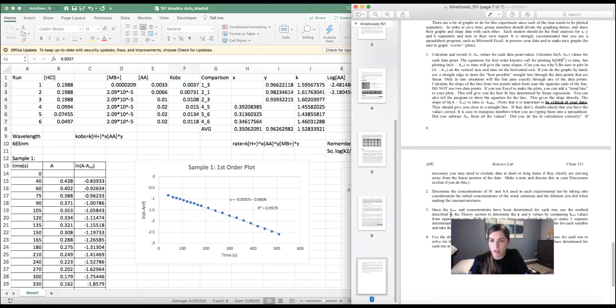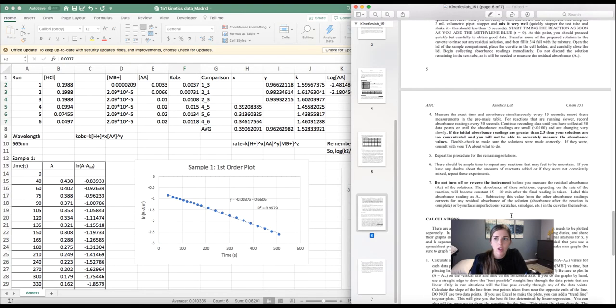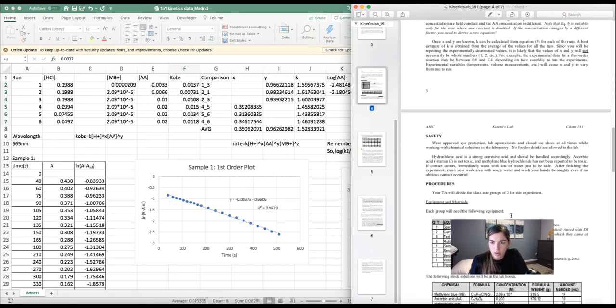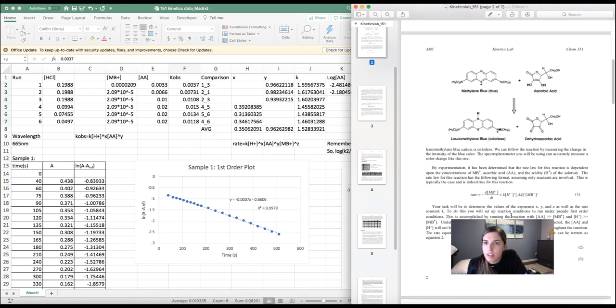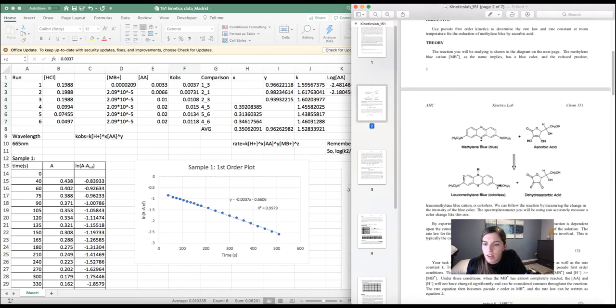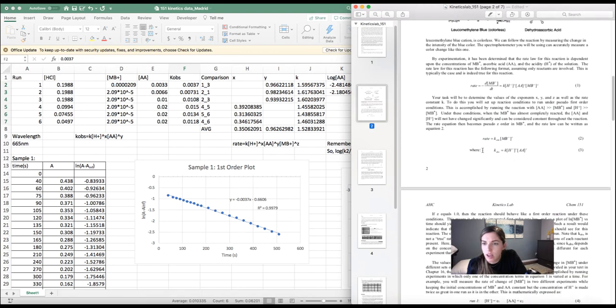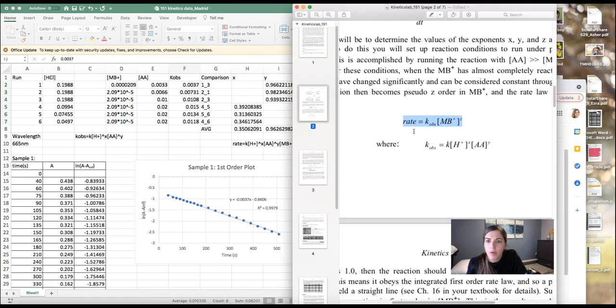It says use the method described in the theory section to determine the X and Y values by comparing K observed values from appropriate runs. So let's first look at the theory section, and then I'll explain how this relates to what we've gone over in class. So theory starts right here, and then if you scroll down, you can see that rate is equal to, and I'll make this a little bit bigger, the rate is equal to K observed, which is the observed rate constant, times the concentration of methylene blue to the power of Z. That's just a placeholder for right now.